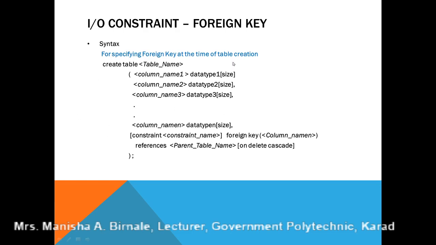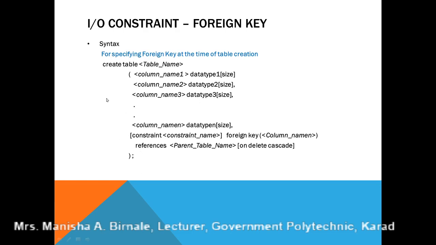Before creating child table, your parent table should be ready. It should be created already. And that parent table should be having primary key. Don't forget this. First you have to create parent table. Parent table should be having primary key. After that you can create child table.